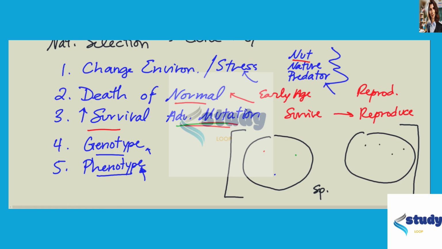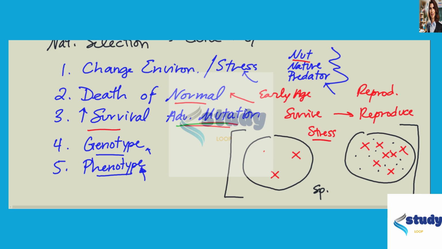And then you're going to have the normal population, with a much larger number, that share those same genetic and phenotypic features. As that stress comes in, you're going to start eliminating those that do not have any sort of advantage in the environment. And it's possible you're going to eliminate some of those with mutations as well that are not well adapted to the stress. So you're going to eliminate a large portion of the normal population.